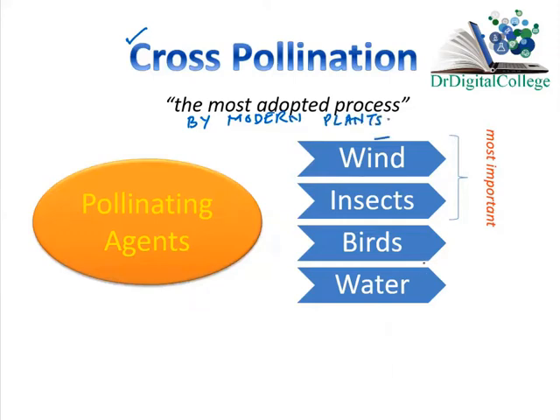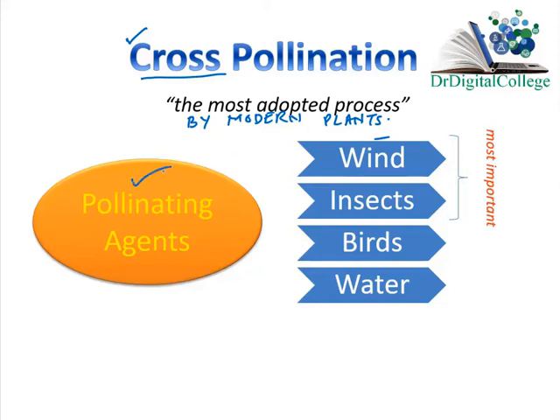Although some plants are still doing self-pollination, most of the modern plants have adopted cross-pollination. Now, to study cross-pollination, you should recall that cross-pollination is the one between two different plants of the same species.